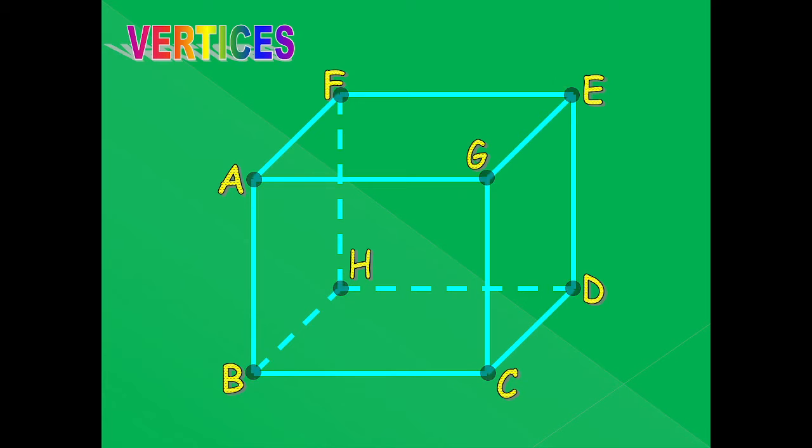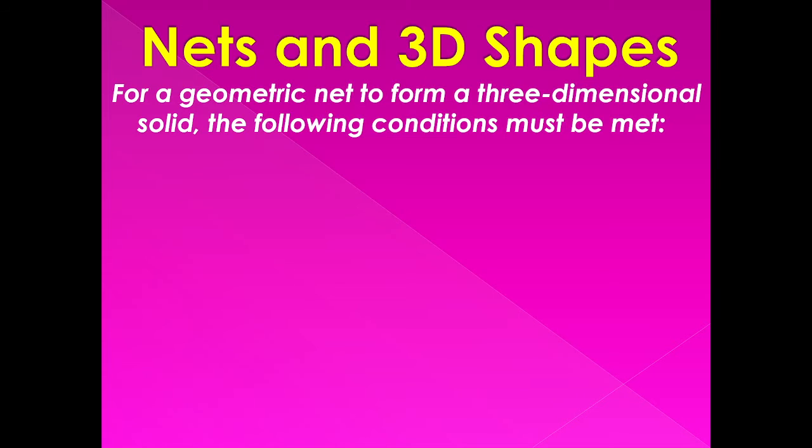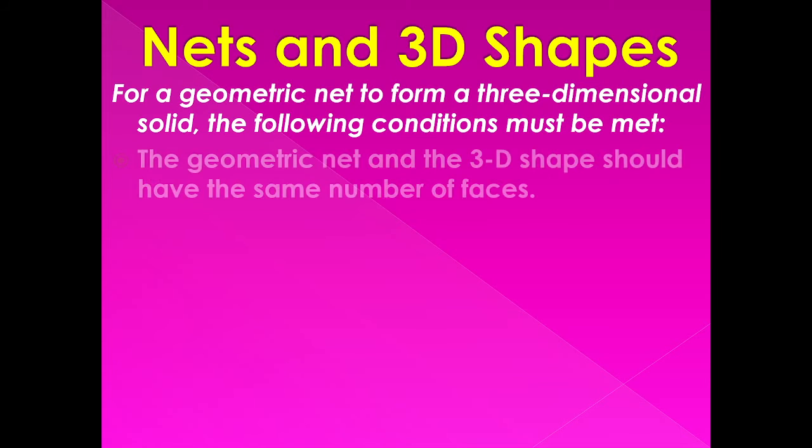Now, when you present this to your class, let's go back to nets and 3D shapes. For a geometric net to form a three-dimensional shape, let's have the following conditions. The first condition: the geometric net and the 3D shape should have the same number of faces.